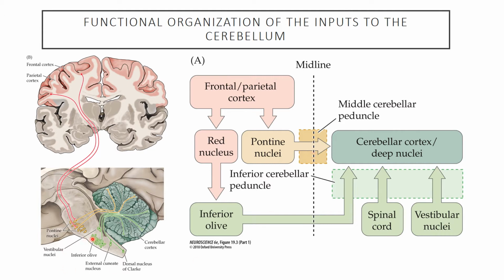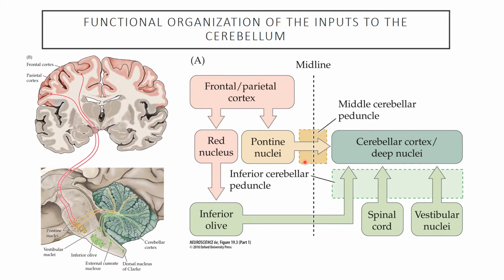We also have another area of the brain called the inferior olive, which helps with coordinating a bunch of vestibular related information, as well as inputs from the spinal cord and vestibular nuclei that are ipsilateral in their nature. They go up through that green portion, which is the inferior cerebellar peduncle. So we have these two peduncles, which are basically axon tracts.